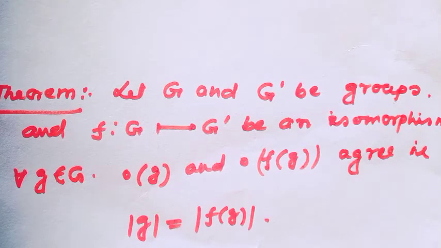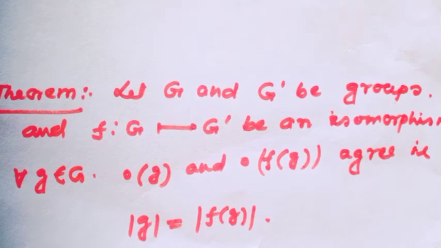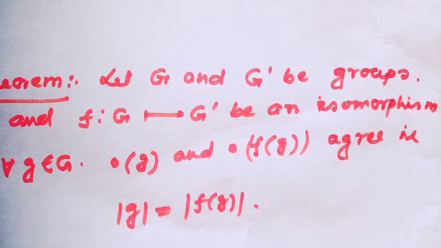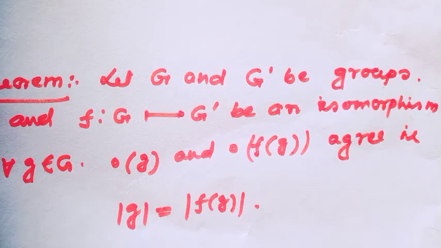One reason is that isomorphism preserves the order of elements, and there exists a nice theorem. Let G and G dash be groups, and f is a mapping from G to G dash. f is an isomorphism if for all g in capital G, the order of g and the order of f(g) agree.